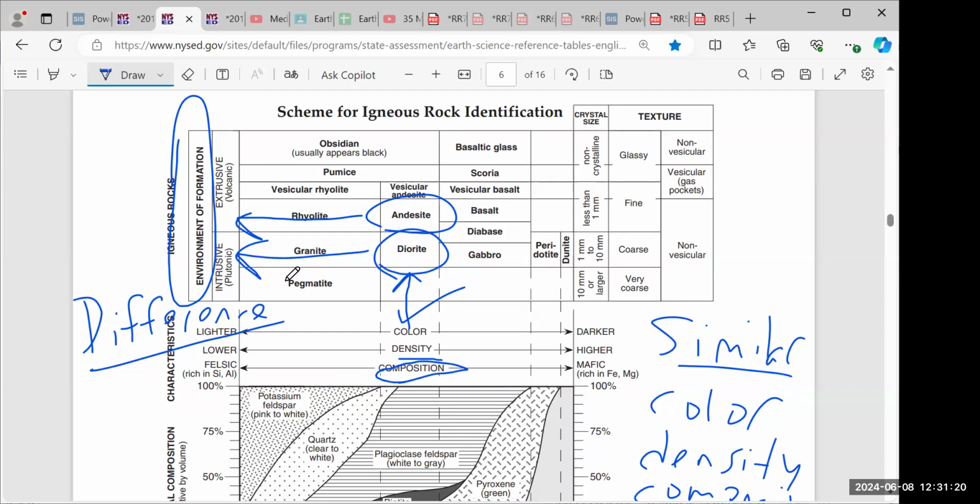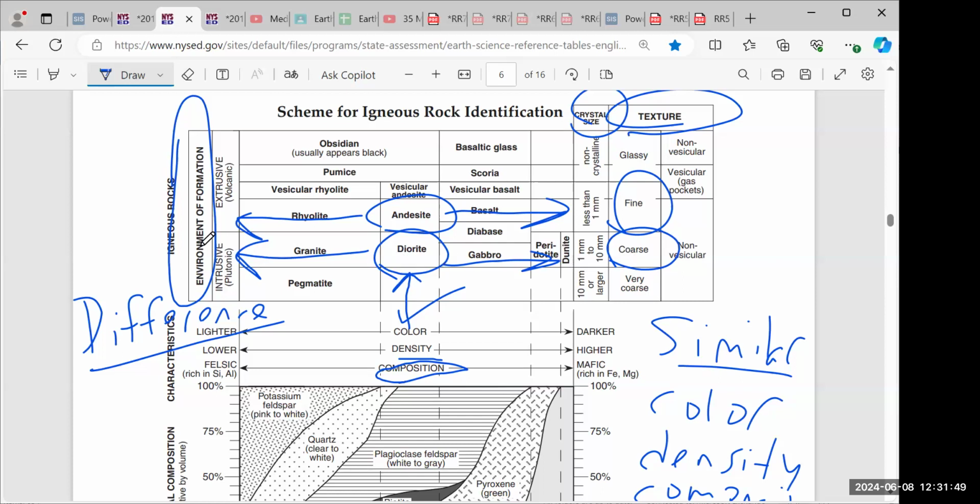Another difference, crystal size, right? Andesite, less than 1 millimeter. Diorite, between 1 millimeter to 10 millimeters. So their crystal size is different. And last, their texture is different. Fine texture for andesite, coarse texture, right, which once again describes the size of the crystals, for diorite.